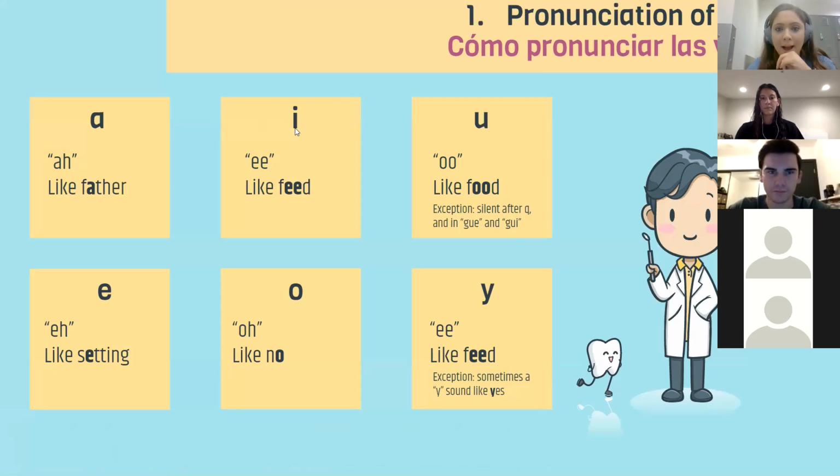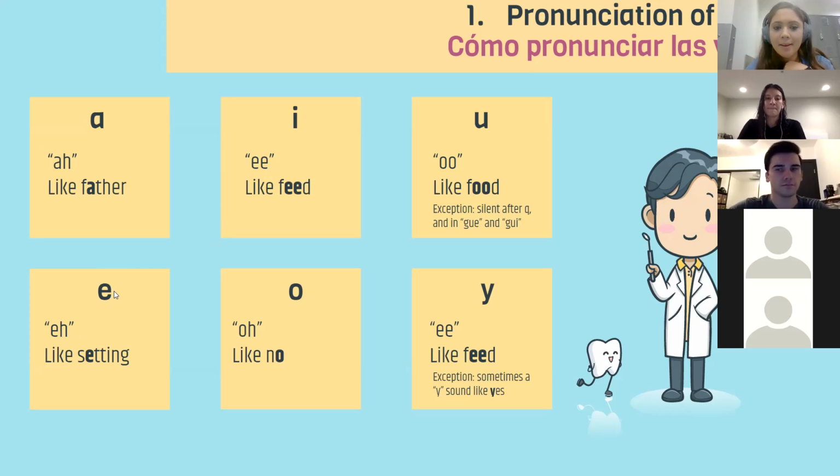Now for I, the sound will be like a double E, so E. If you want to remember how it sounds, it's the same sound as feed. So just remember the I is like a double E. Exactly. Then that E is like an E with an H, so it's like the sound in setting.